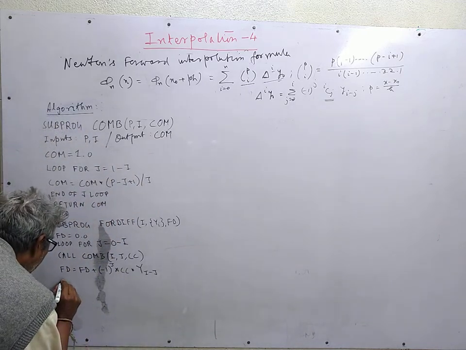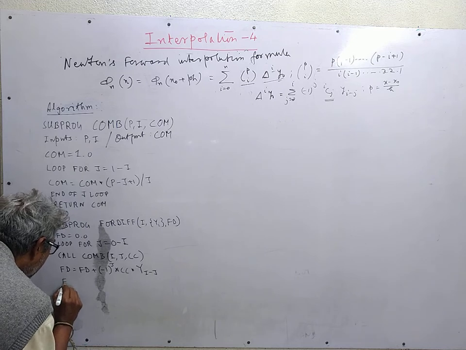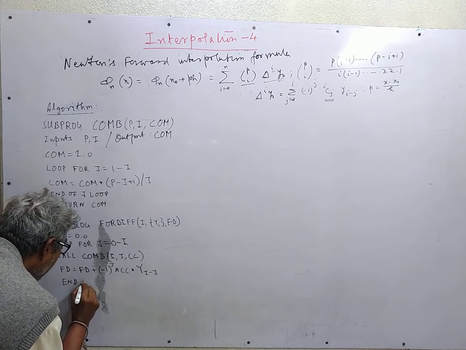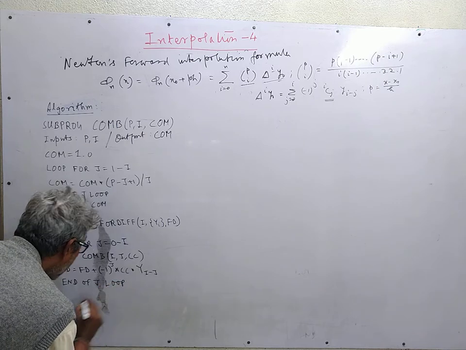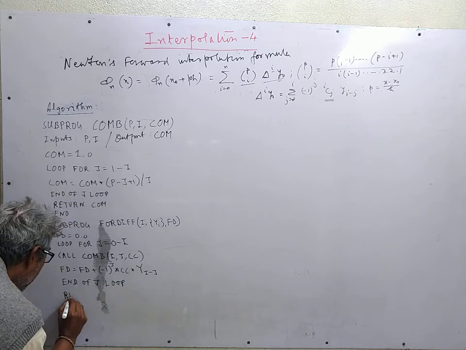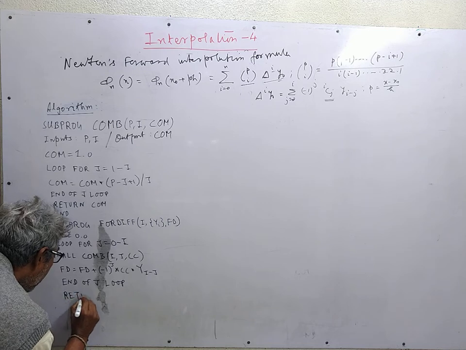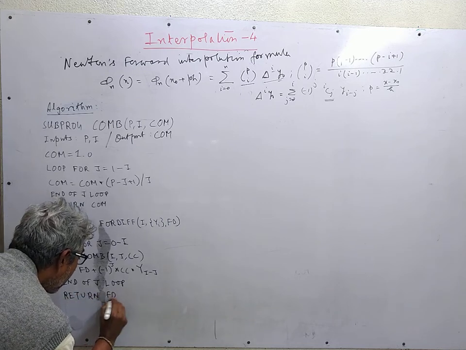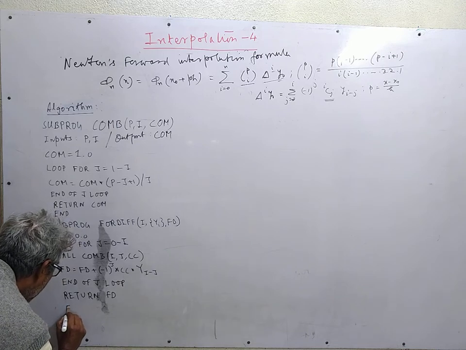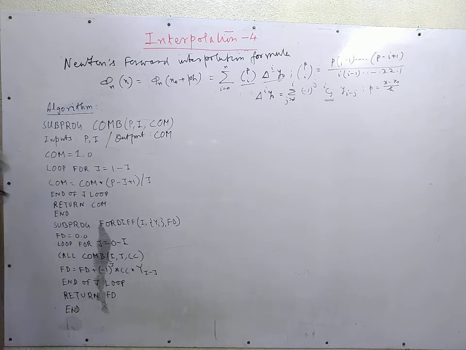Then end of loop, end of subprogram. So this is the simple way of implementing forward difference.